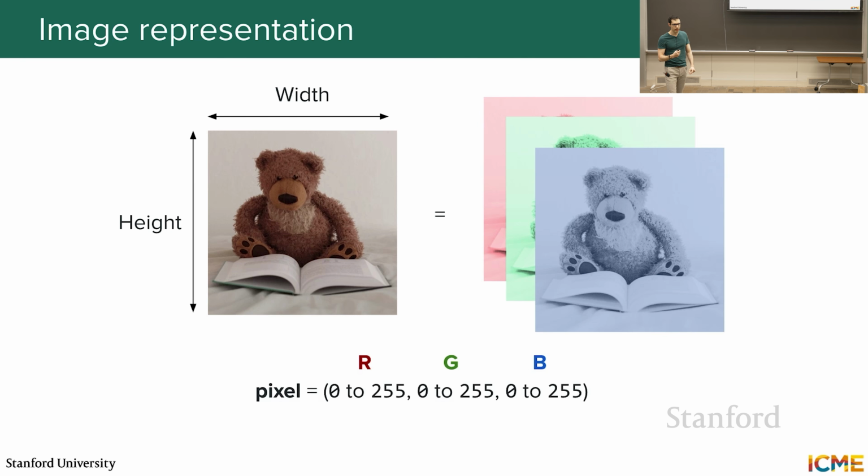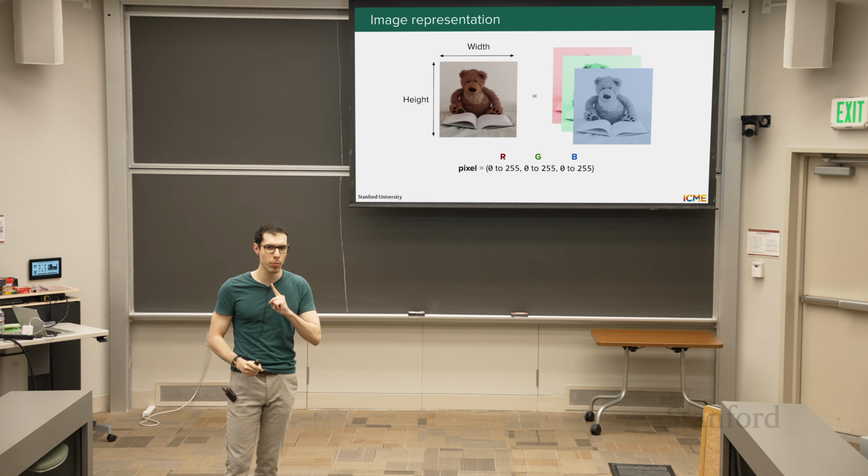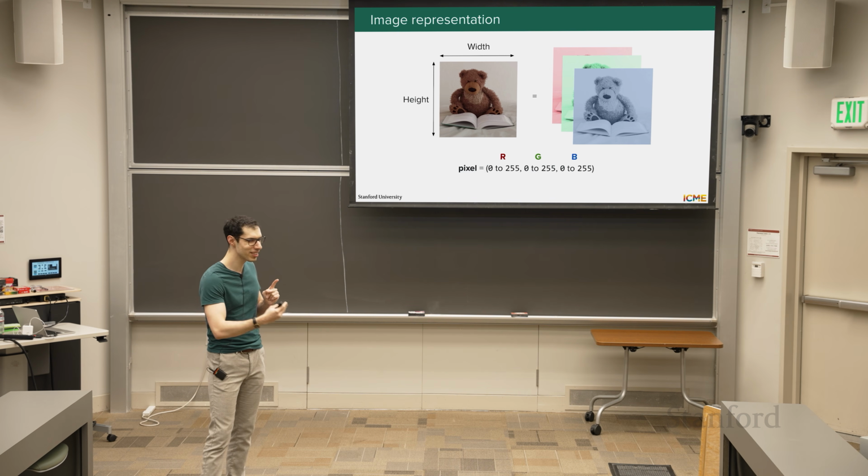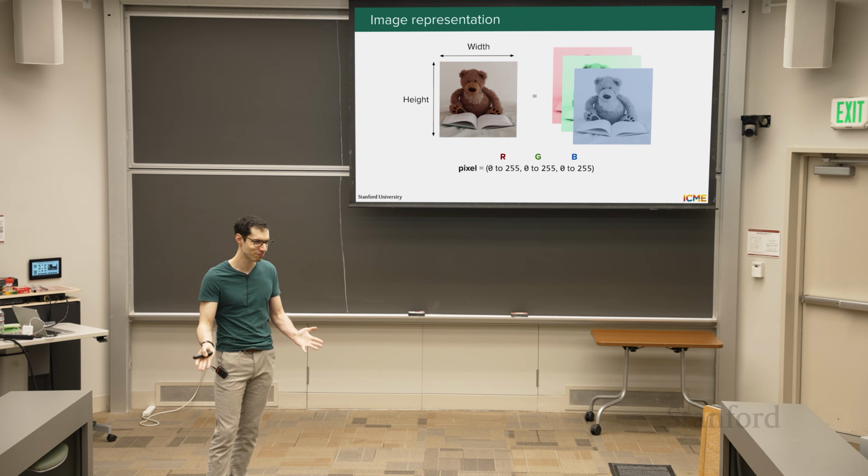So based on that, you can represent your image as a function of all the pixels that are composing that image, where each of these pixels contains some value for each of these colors. So you can think of each pixel as having 3 values, one that represents the amount of red, the other one the amount of green, and the other one the amount of blue.